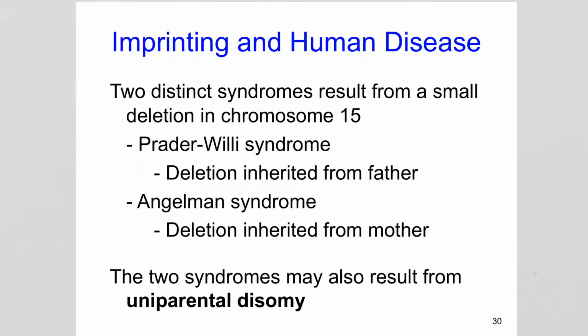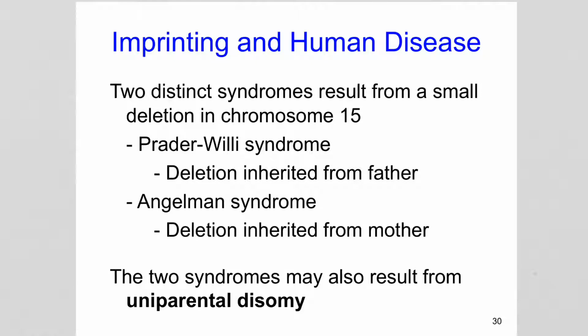So Prader-Willi syndrome, which presents itself as difficulty in gaining weight and growth early on in development, but later, as a child is in the range between 1 and 3, they obtain an obsession with eating, but very slow metabolism. So these children can actually eat themselves to death because they don't have any mechanism to shut down hunger.